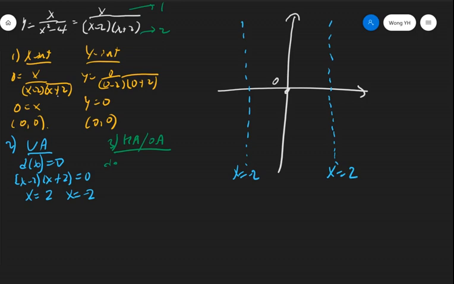So you can see that the degree of the numerator is less than the degree of the denominator. So when this happens, oblique asymptote does not exist. So we have a horizontal asymptote. The equation is y equal to 0. All right, put it there in the graph as well. So this one will be your y equal to 0.